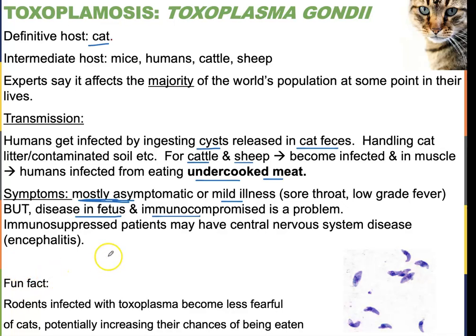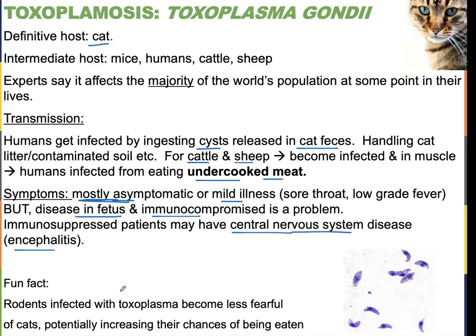Here's a fun fact. There's been some very interesting work on Toxoplasma. Because it has a predilection to go to the central nervous system and cause encephalitis, for people who are not having this most severe disease, but maybe are asymptomatic or mild, it has a way of manipulating behavior. Mice infected with Toxoplasma become less fearful of cats.